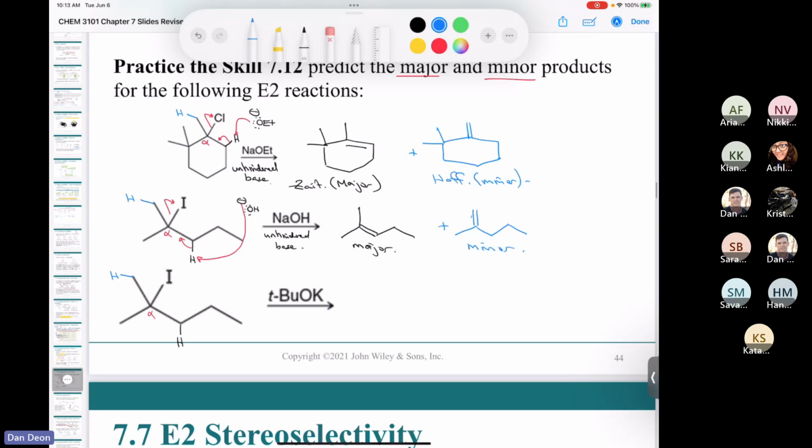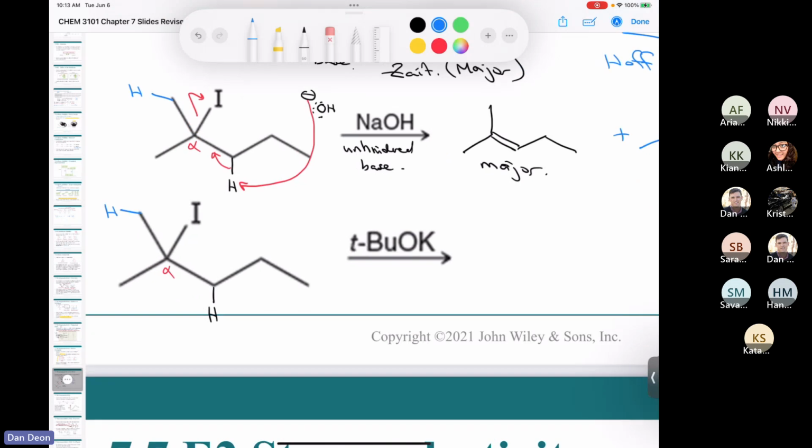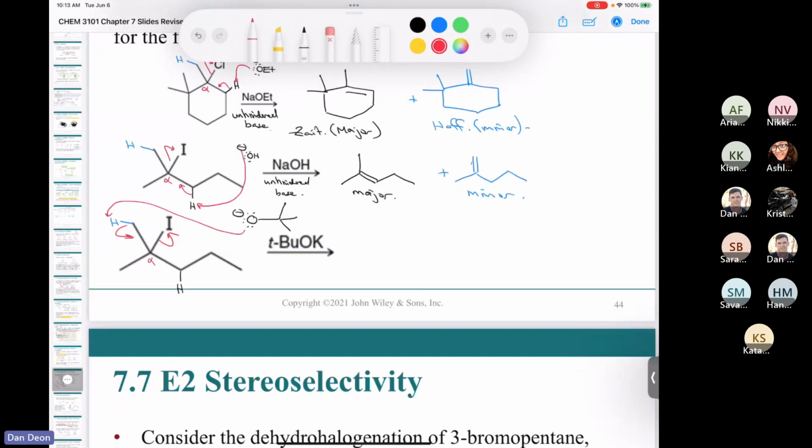But then if we switch the base to t-butoxide, that is a hindered base, right? So that's a big old hindered base like this. And so that's going to pull the blue proton off preferentially like this. And so the major product in this case, I'm just going to copy and paste these guys in here.